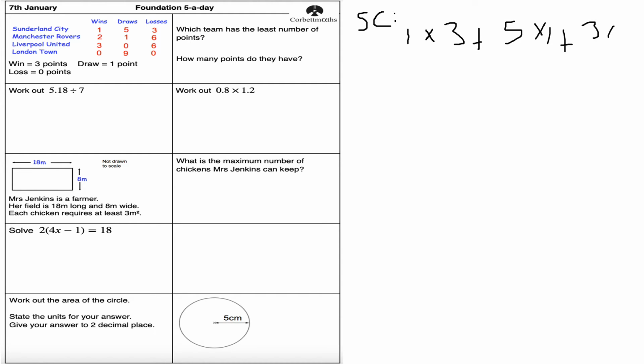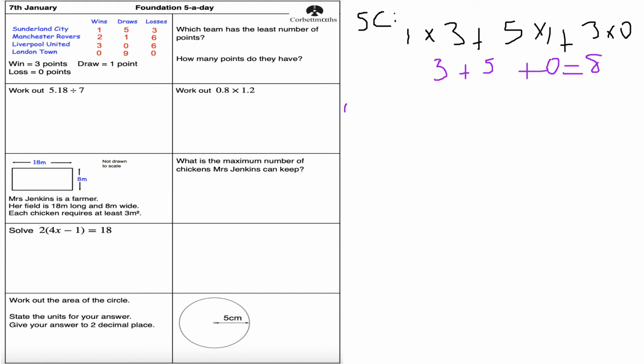That's the number of wins, number of draws, and the number of losses. 1 times 3 is 3. 3 plus 5 plus 0. 3 times 0 is just 0, anything times 0 is just 0. Plus 0 is going to give us 8. So that is Sunderland.